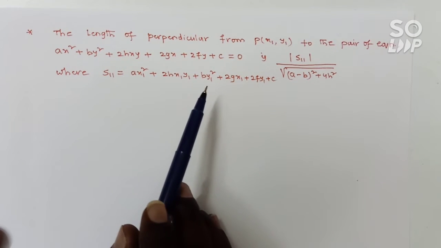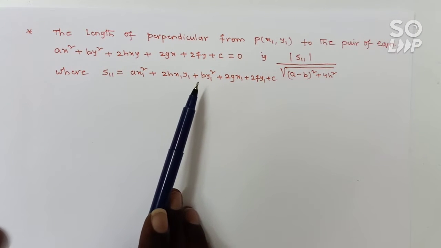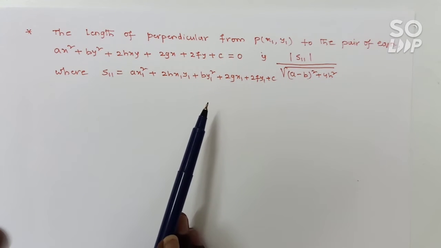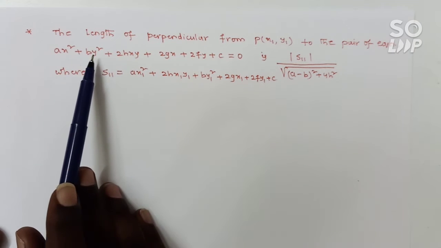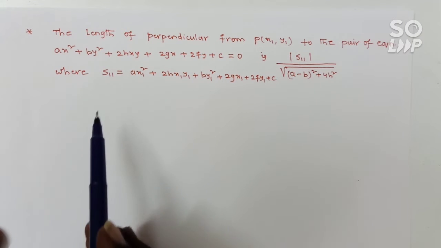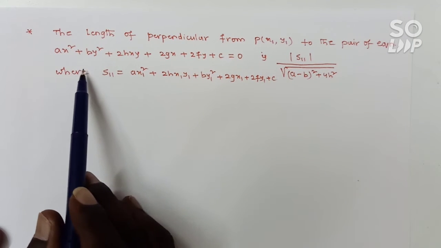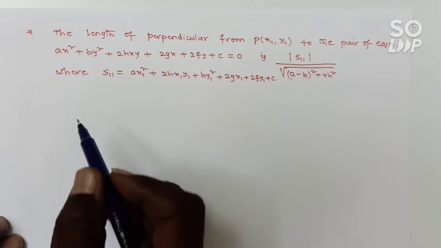The same theorem we already discussed in homogeneous equations. There we had taken ax square plus 2hxy plus by square. Same procedure, but the variation is that there the equation is homogeneous, and in this statement the equation is non-homogeneous. So how will you prove this result?